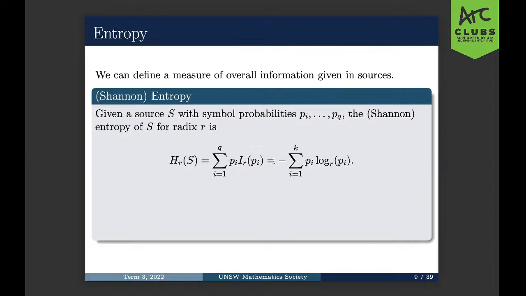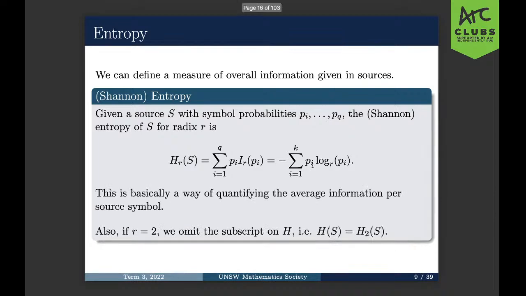So it's the expected information of receiving a symbol. If r equals 2, we can just omit the subscript on H. That's just convention. It saves you a bit of writing, I guess.